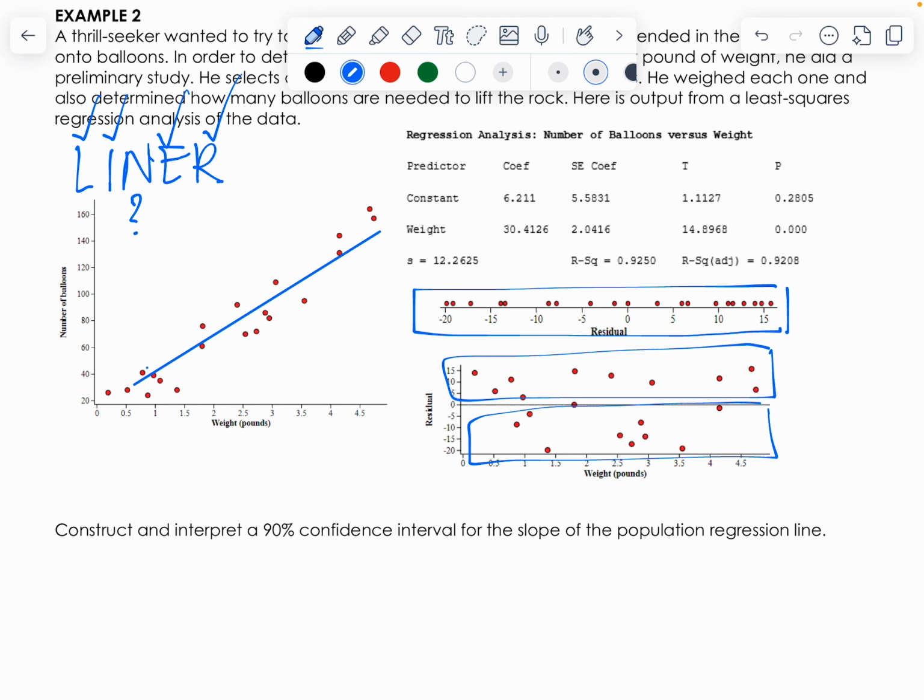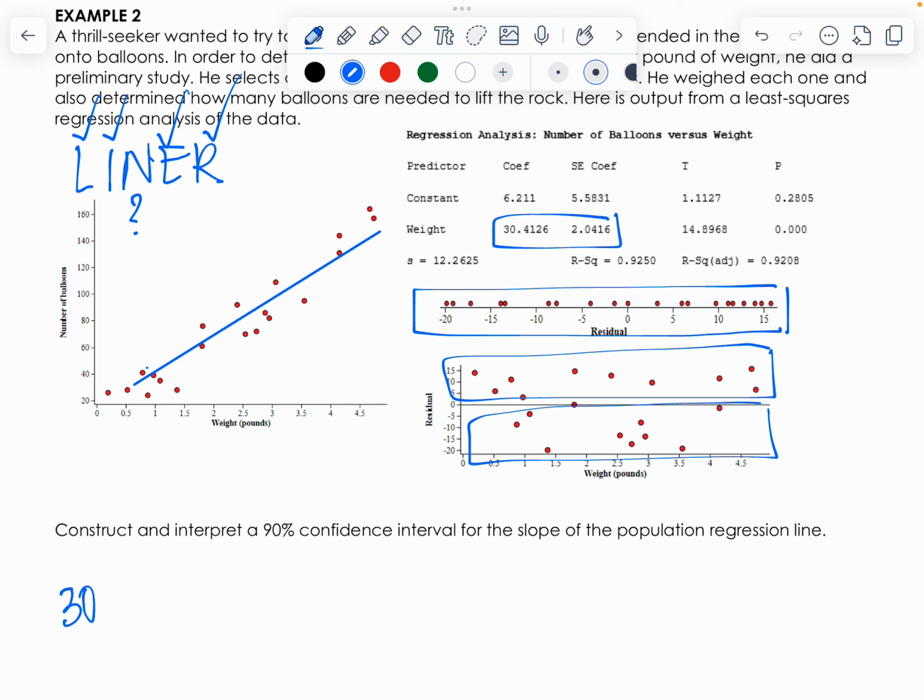So construct and interpret a 90% confidence interval for the slope of the population regression line. Well, looking here, we've got our sample slope under coefficient, our sample y-intercept, our standard error of the slope, right? We only need these two to do our confidence interval.